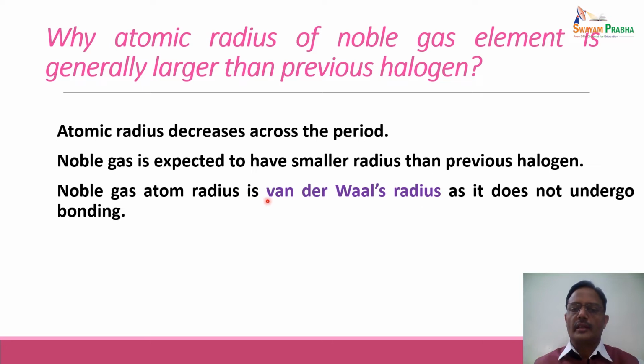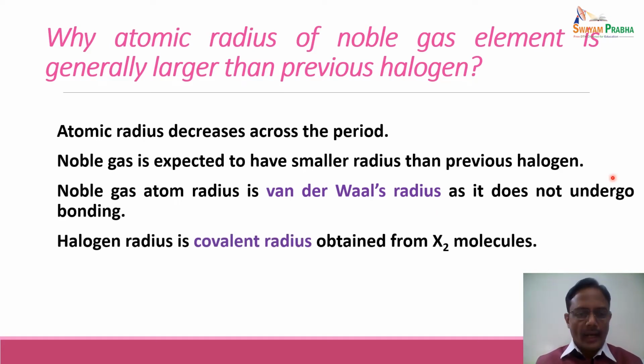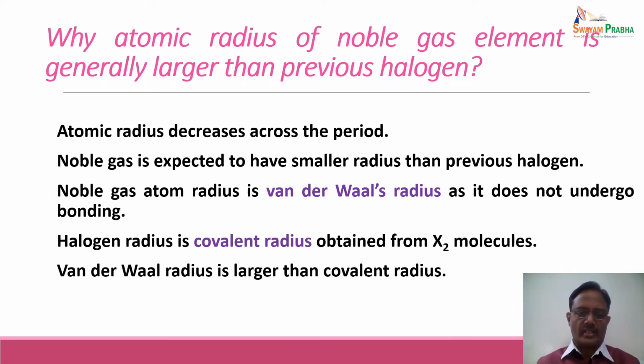In the van der Waals radius the atoms are not close packed, but slightly away from each other, while halogens form a covalent bond, and hence in halogens the atomic radius is the covalent radius obtained from X2 molecules like Br2, Cl2, F2, I2, etc. Whenever a covalent bond is formed, the atoms overlap on each other, and as a result the covalent radius is always smaller than the van der Waals radius.